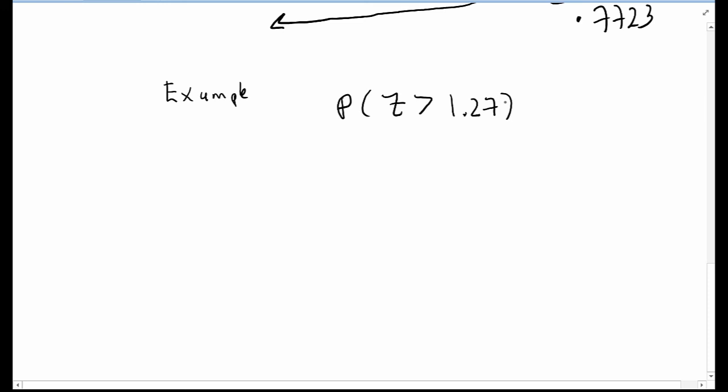So what are the chances that if we put these numbers in a bag and we pull one out, that the number is bigger than 1.27? Or what percentage of values are greater than 1.27?